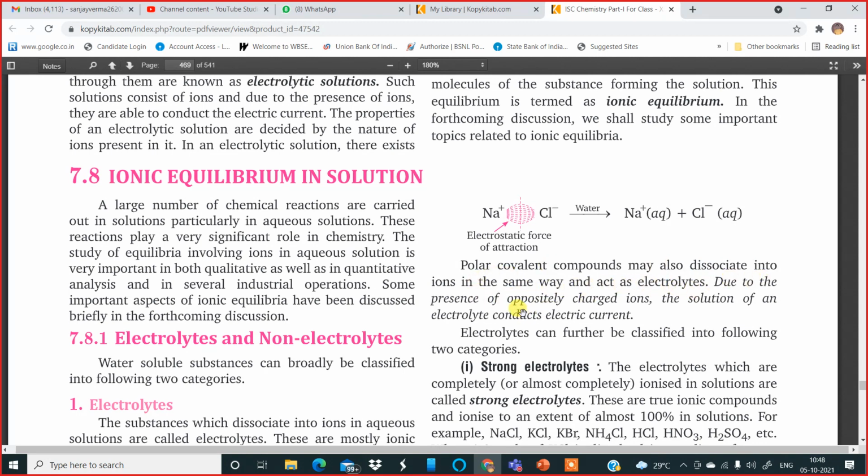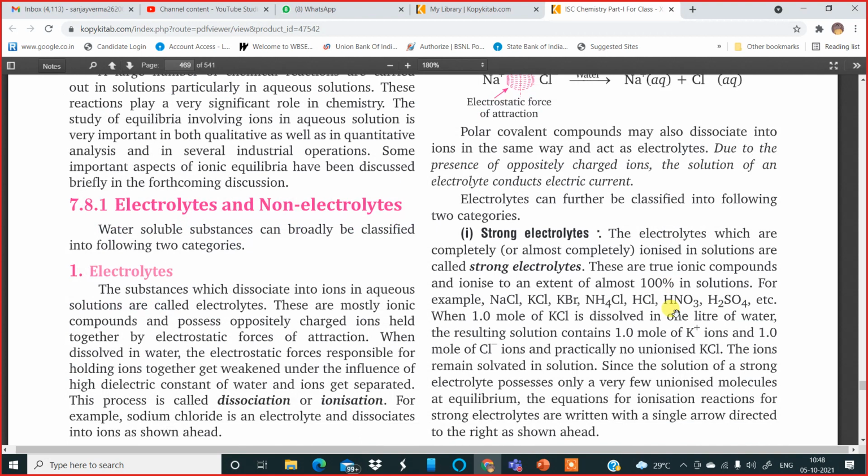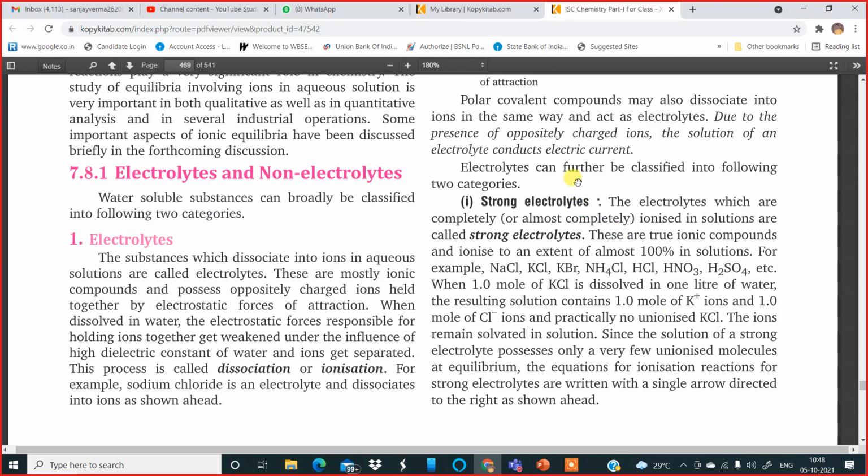Due to the presence of oppositely charged ions, the solution of an electrolyte conducts electric current. That is important. Further, we can classify electrolytes as either strong electrolytes or weak electrolytes. Strong electrolytes are those completely or almost completely ionized in solution.